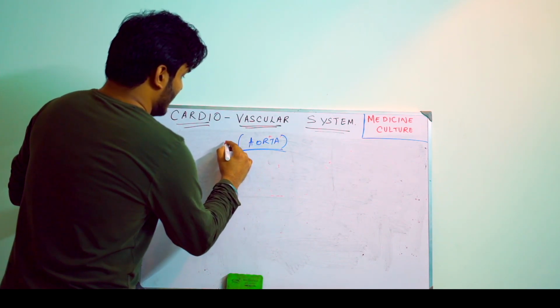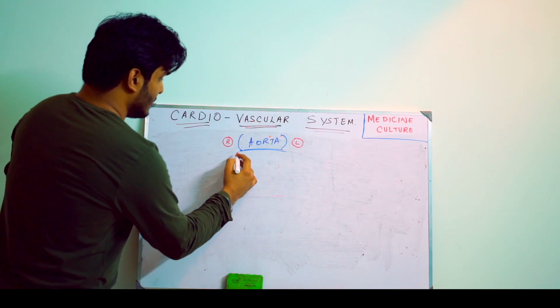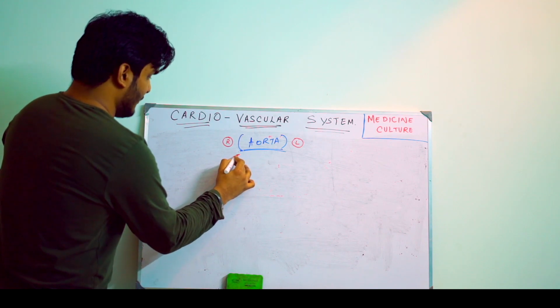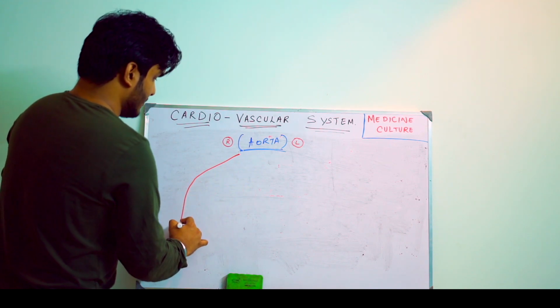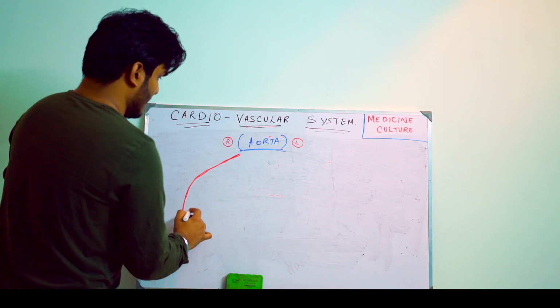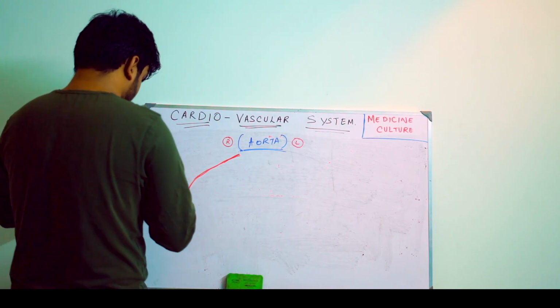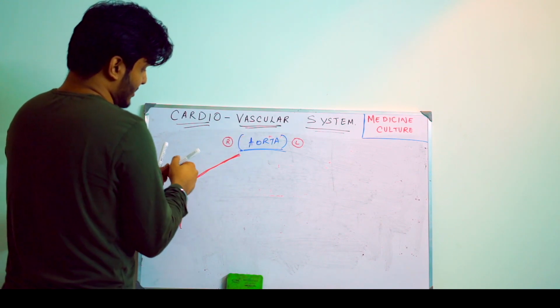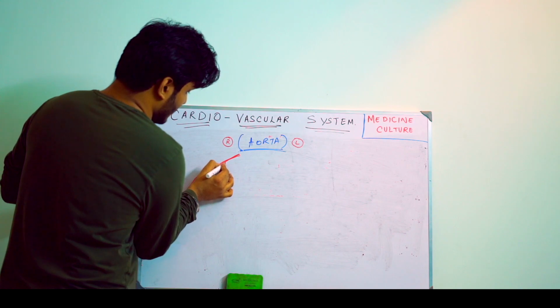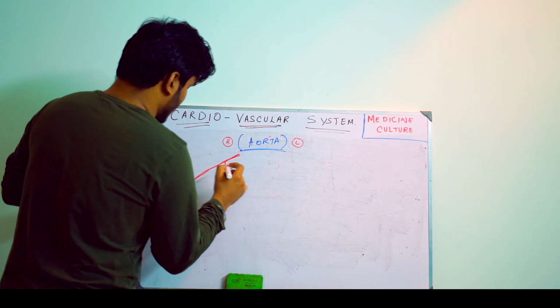So let's take this right side, this is the left side. Follow with me. Let's take, for example, this is the right coronary artery right now, and on the posterior side it gives PIVA, the posterior interventricular artery.